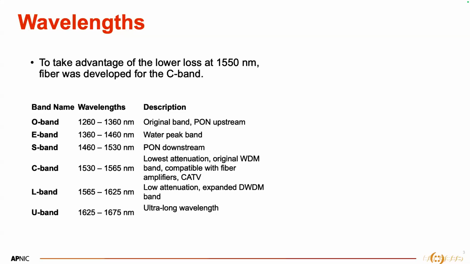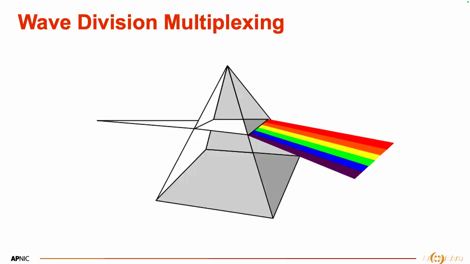Okay, so as I was saying, we are trying to focus on C band only because this has the lowest attenuation. So whenever we send signals using these wavelengths, those signals will be less affected by attenuation.